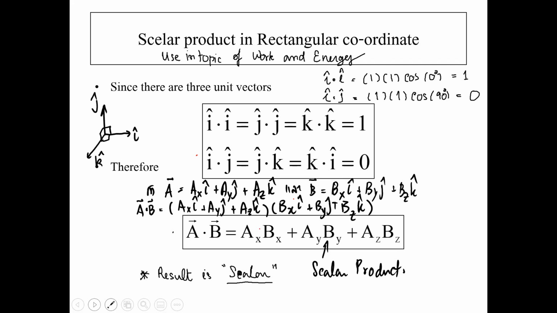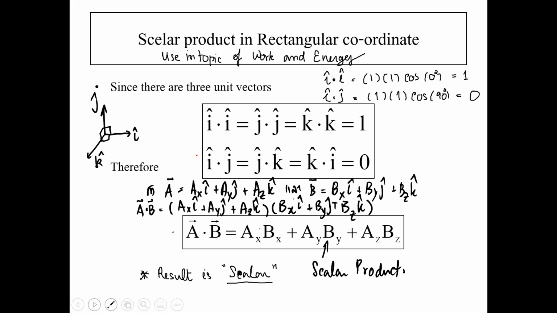So we can conclude that i dot i is 1, j dot j is 1, and k dot k is 1, because it's multiplied with the same vector. However, i dot j, or j dot k, or k dot i is 0.